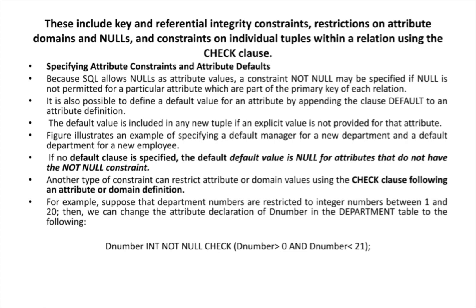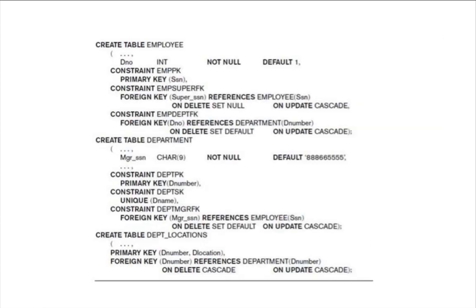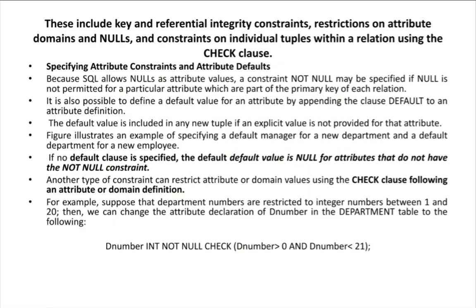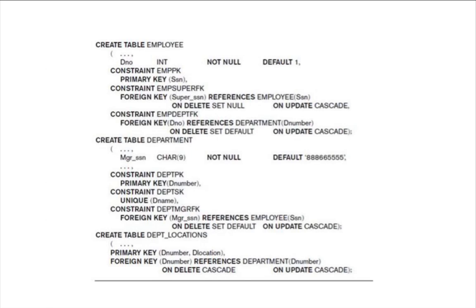Next, here you can take the example. So you can see the default. Where is the default there? Default manager for a new department. Example of specifying a default manager for a new department and a default department for a new employee. You can see here for a new employee, default constraint is there.